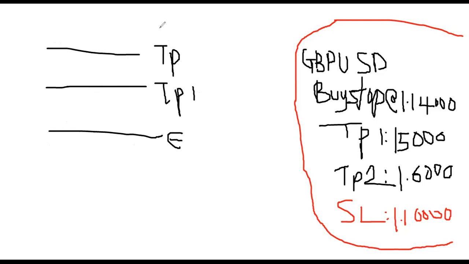Then let's say this is my stop loss. So from here, what happens? Let's say the trade is here. If the trade is here, the trade starts going up.